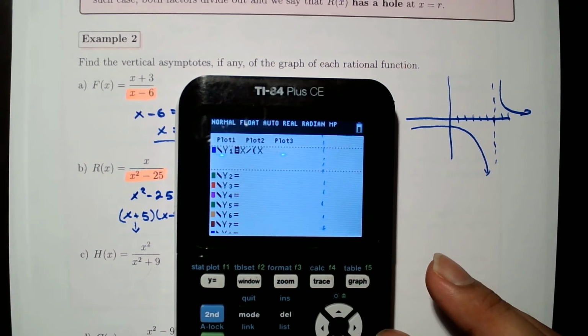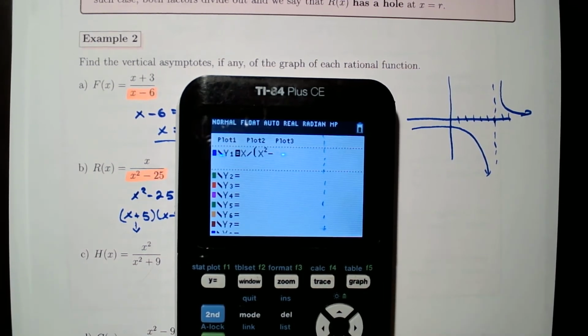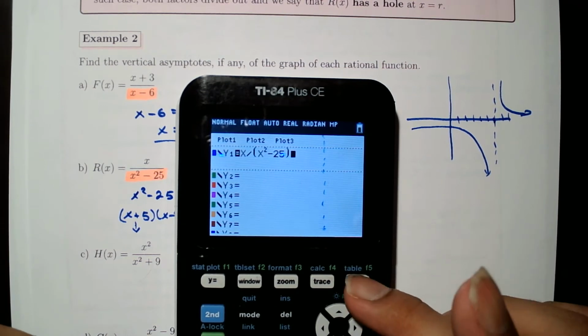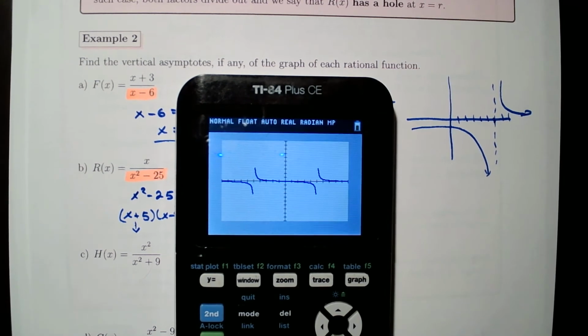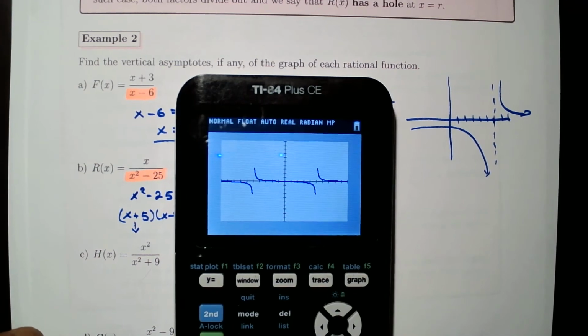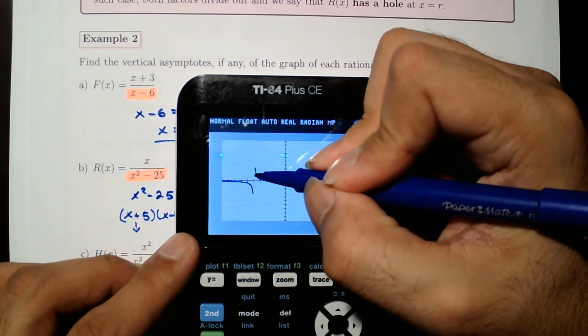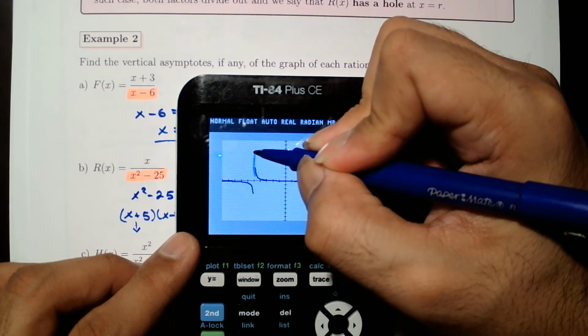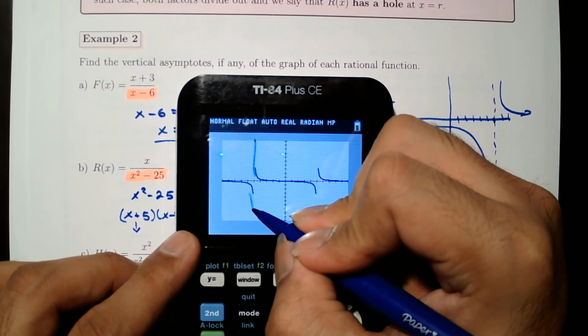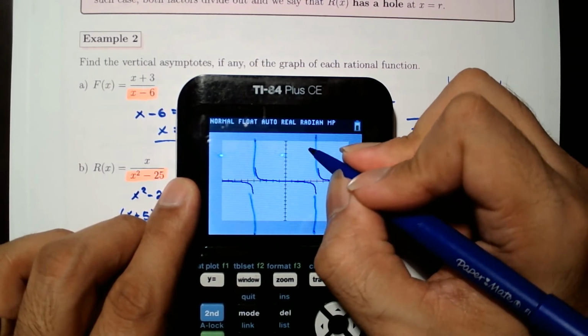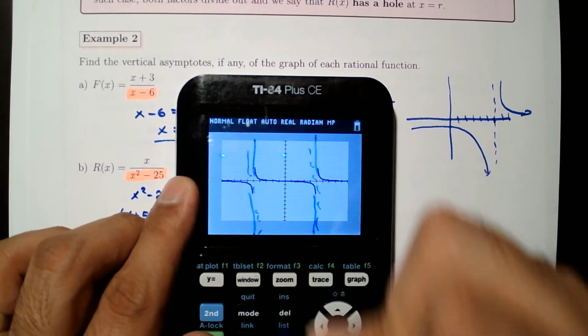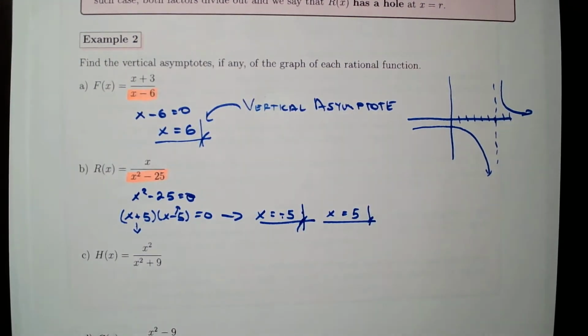Divide that by x squared minus 25, close parentheses, and graph. So you will see the graph like that now. Keep in mind that your graphing calculator is very smart, but not as smart as to show you the entire graph in one place. And on the other hand, it doesn't show you the asymptotes. Those we're going to do by hand in the last section of this chapter.